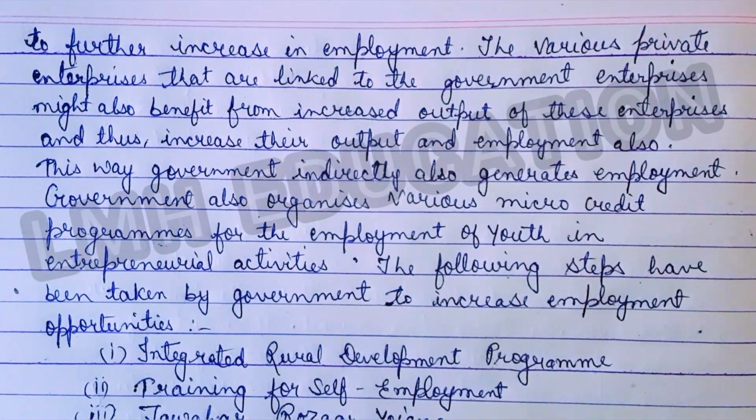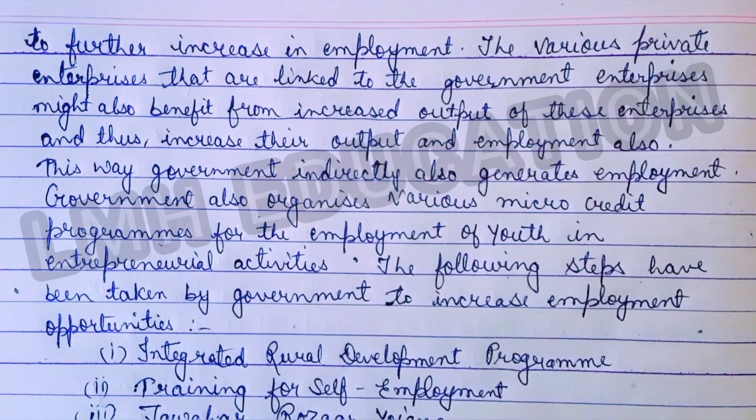The various enterprises that are linked to the government enterprises might also benefit from increased output of these enterprises and thus increase their output and employment also. This way, government indirectly also generates employment. Government also organizes various microcredit programs for the employment of youth in entrepreneurial activities.